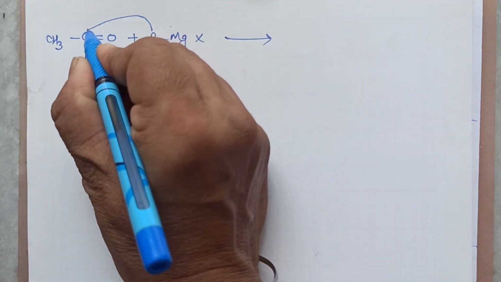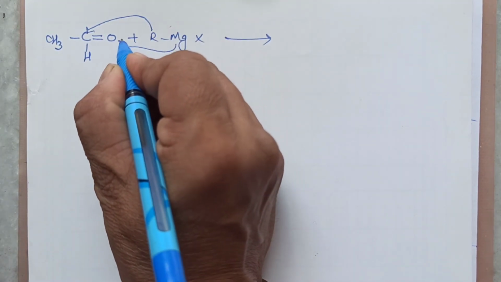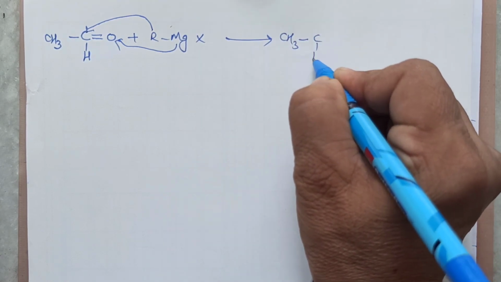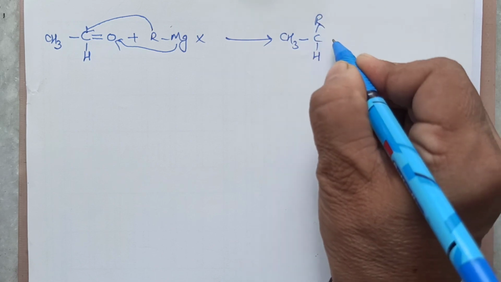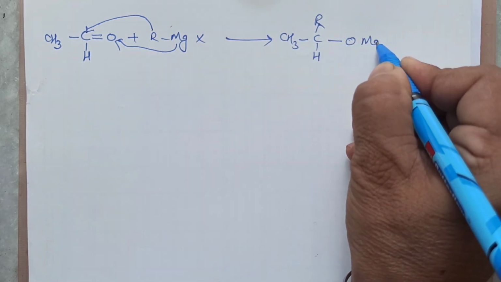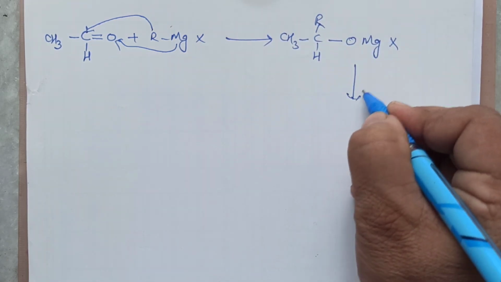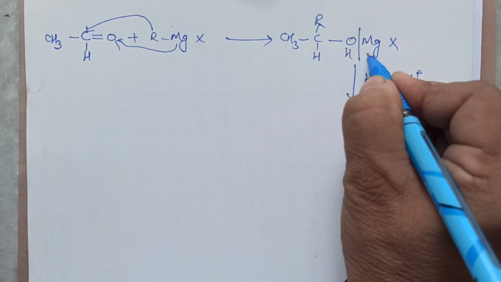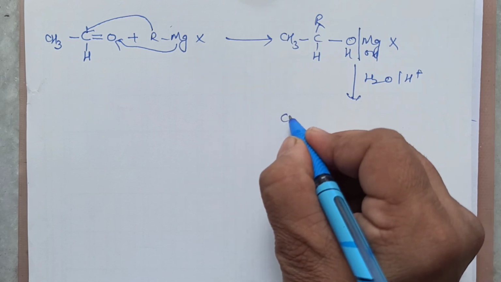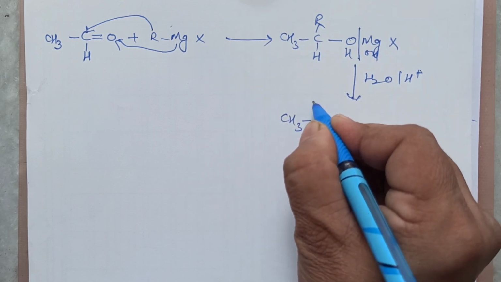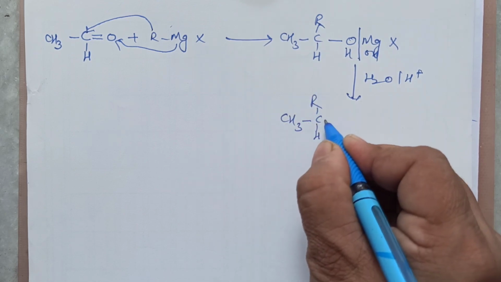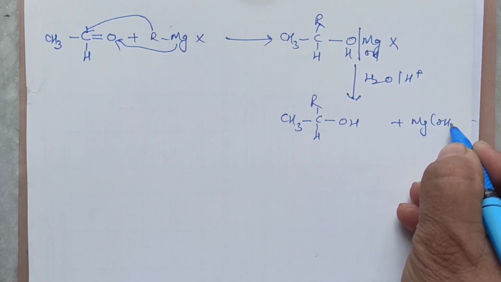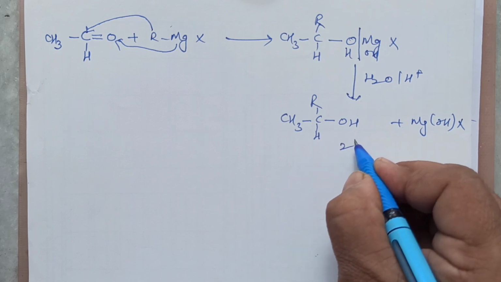Again this R will add on to carbon, Mg will add on to O. What you will get is CH3, CH, R on the top, OMgX. Then hydrolysis in the acid medium. This will break here, H, OH. What you are getting is CH3, CH(R), OH plus MgOHX. This is 2 degree alcohol.